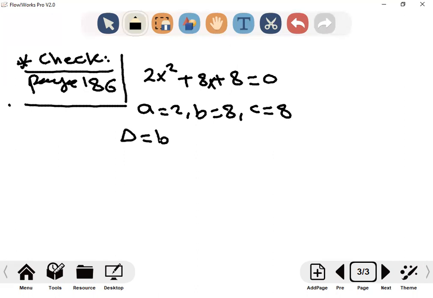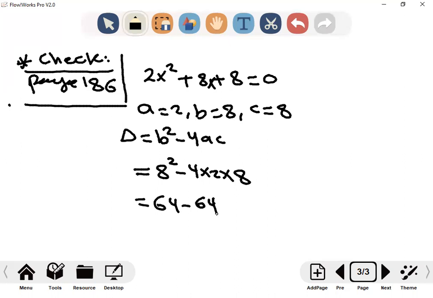Delta equals B power 2 minus 4AC equals 8 power 2 minus 4 times 2 times 8, equal 64 minus 64 equal 0.